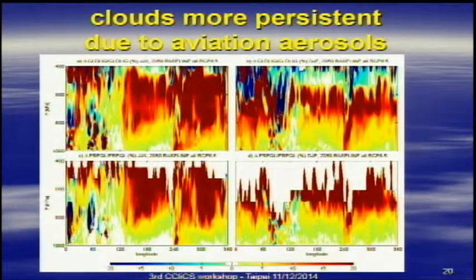And they give you a fairly striking similarity, at least around 800 millibar. It tells me the cloud liquid mixing ratio increase I showed earlier was due to the fact that now the clouds are persistent due to the presence of aviation aerosols.